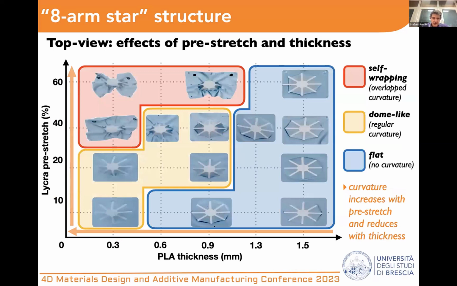But by looking at these figures, we can see that these two parameters lead to a very wide range of equilibrium shapes, which ranges from the degenerate case of no curvature, obtained for low pre-stretch or large thickness, to curvatures that are almost self-wrapped shapes for high pre-stretch and low thickness. And only intermediate values of the parameters, or combinations of the parameters, led to more regular dome-like shapes.